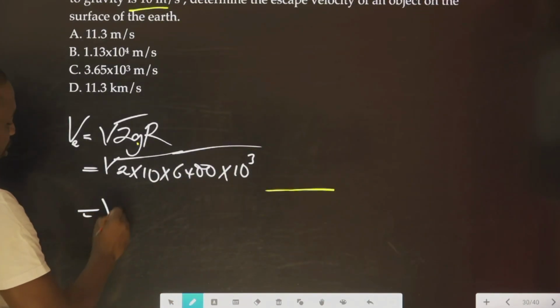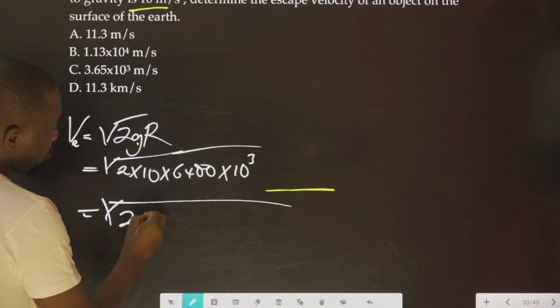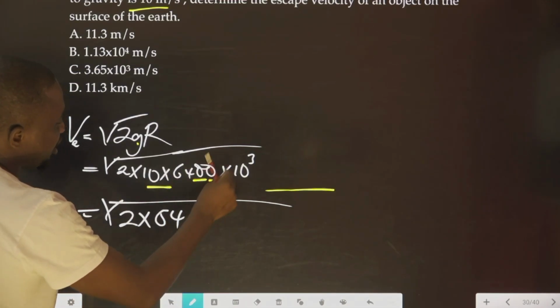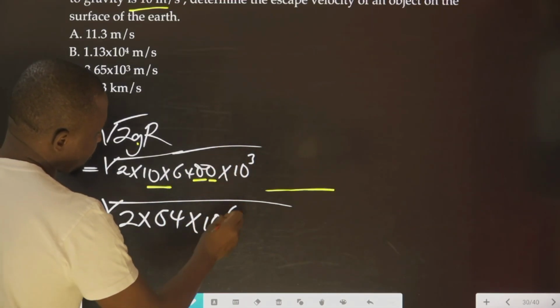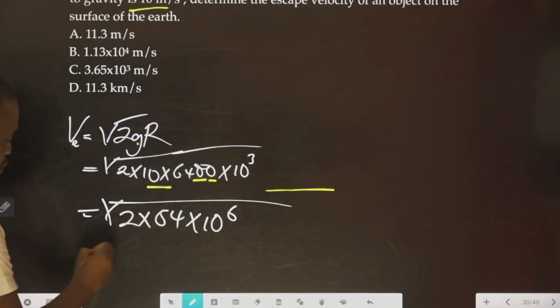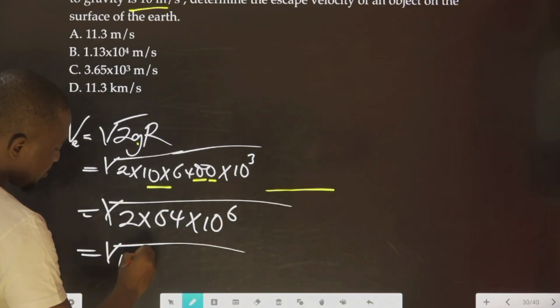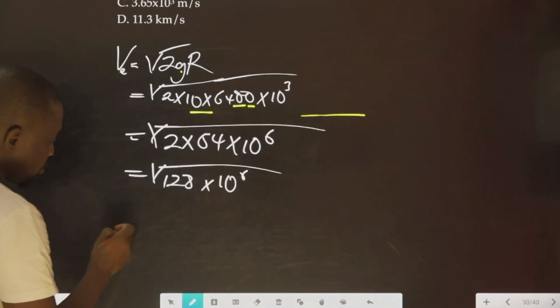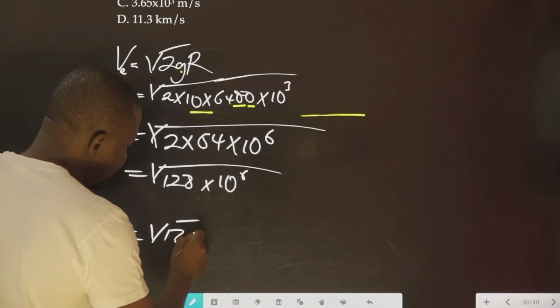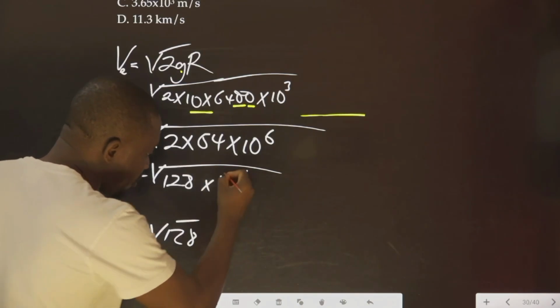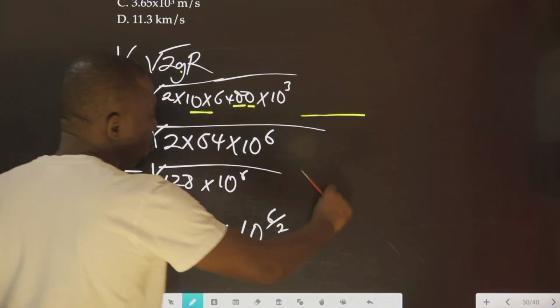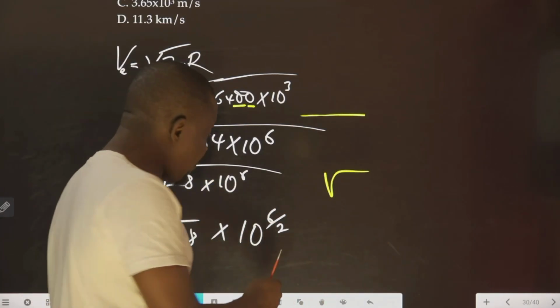Now, let's take all the zeros together. That is 2 multiplied by 6.4, join this to become this. If you multiply this now, you're going to have 128 multiplied by 10 to the power 6. What I will simply do is to do square root of 128 times square root of 10 to the power 6, that is 10 to the power 6 divided by 2, because this square root is actually raised to power over 2.